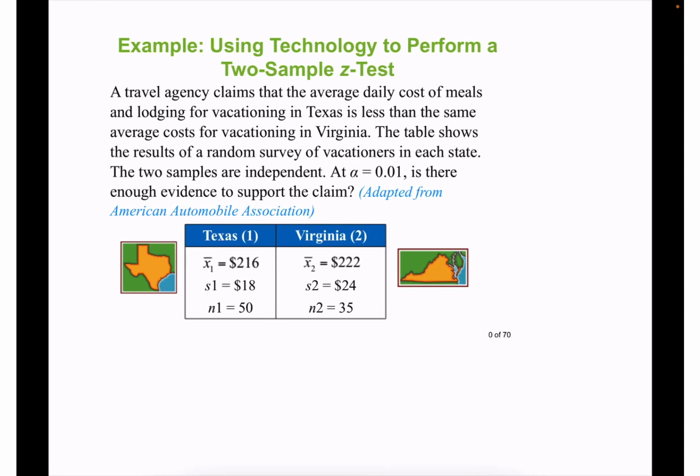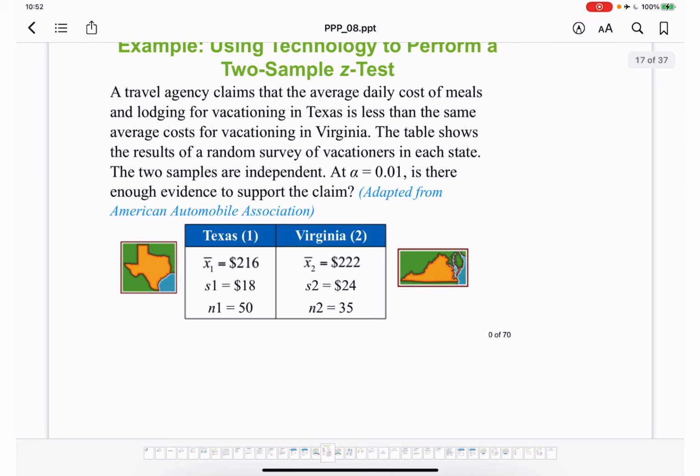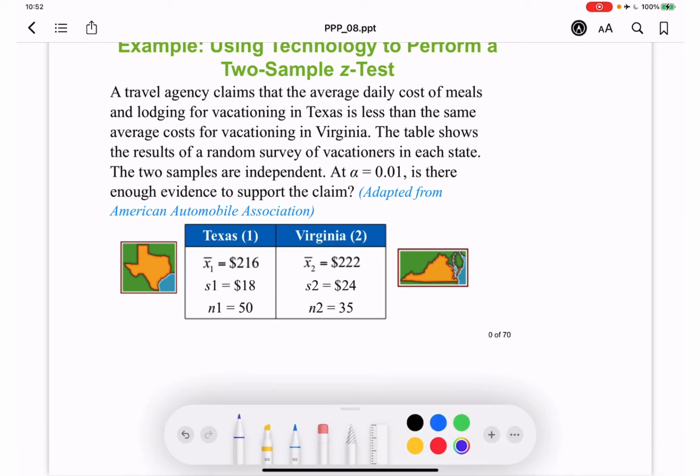A travel agency claimed that the average daily cost of meals and lodging for vacationing in Texas is less. Now, the claim says mu1, or I would rather put mu Texas, because Texas is claimed to be less than, so we can put mu Texas is less than mu Virginia, right? That's what they claim. And at alpha 0.01.